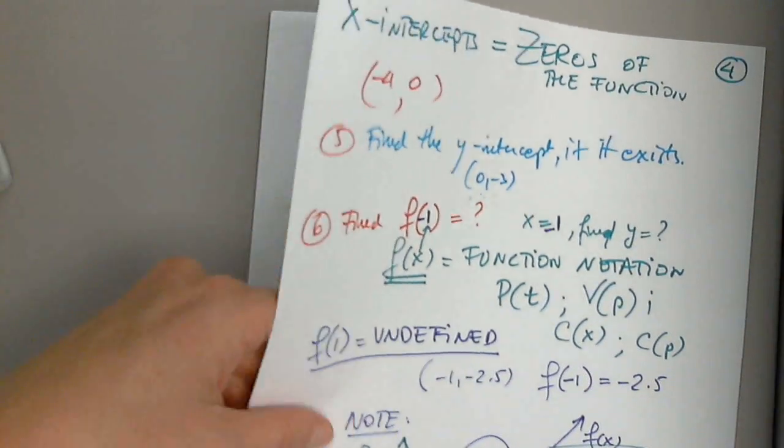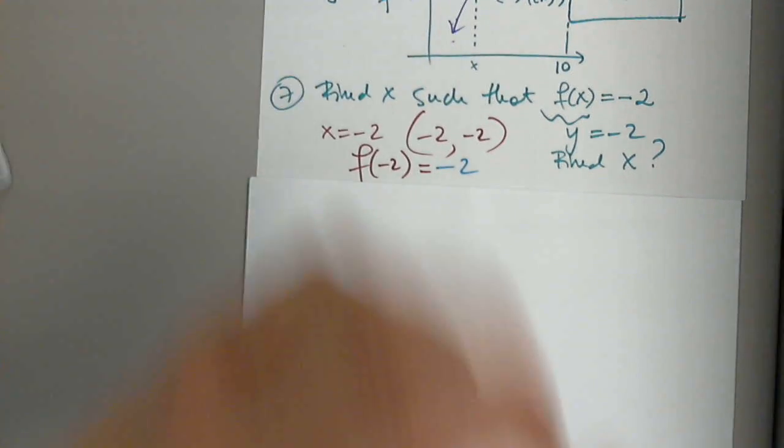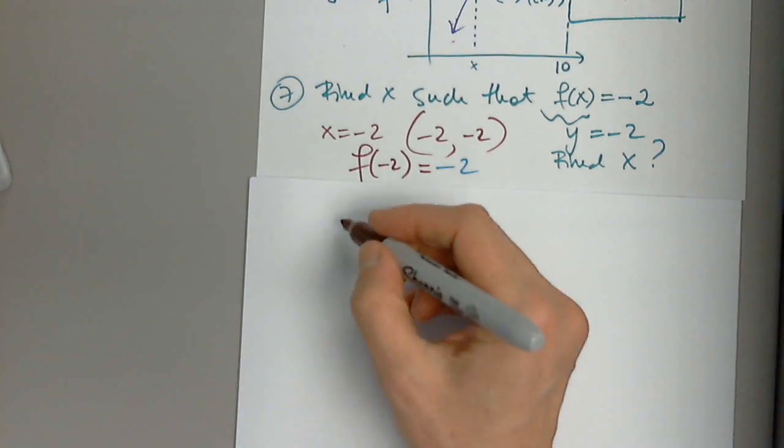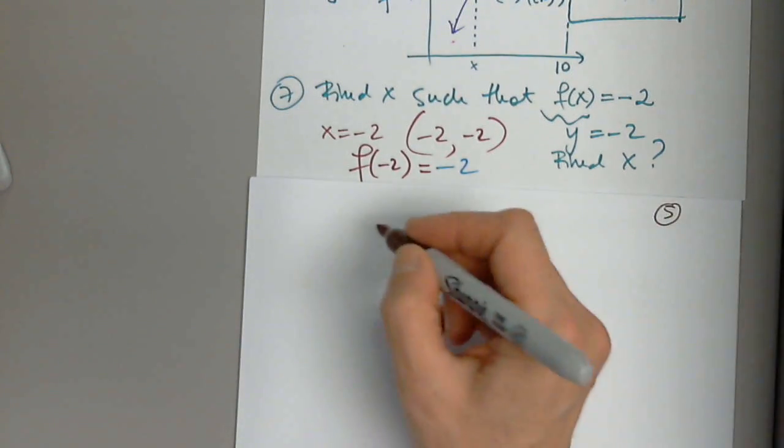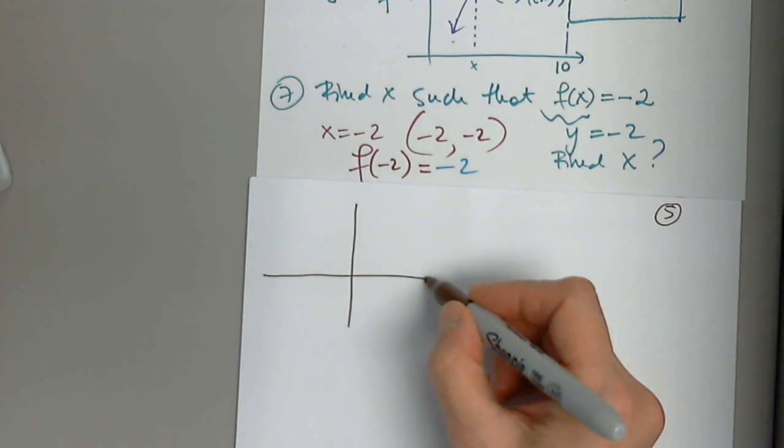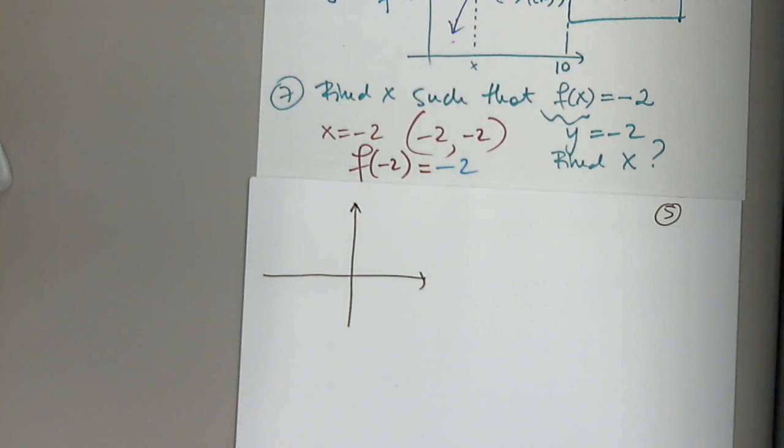Okay. So here's a graph, and I would like us to identify, so this is my page 5, domain and range. Here it is.